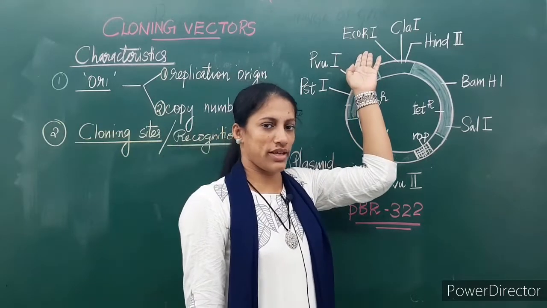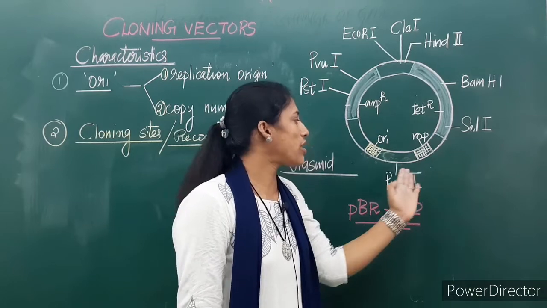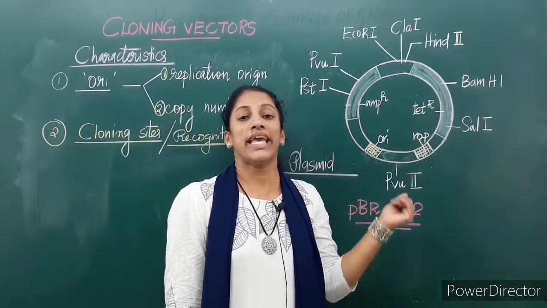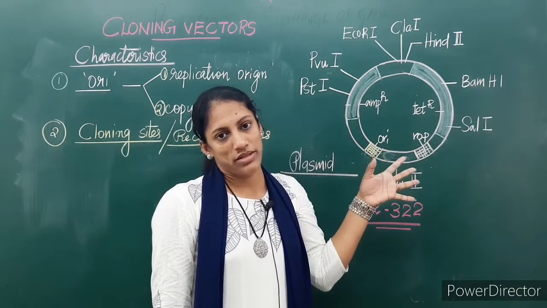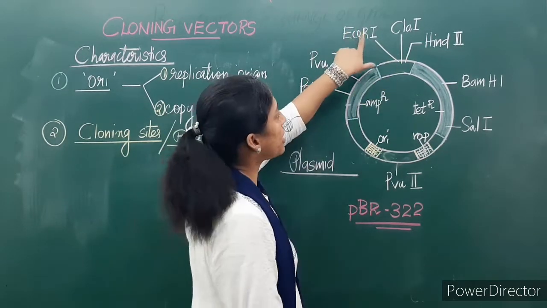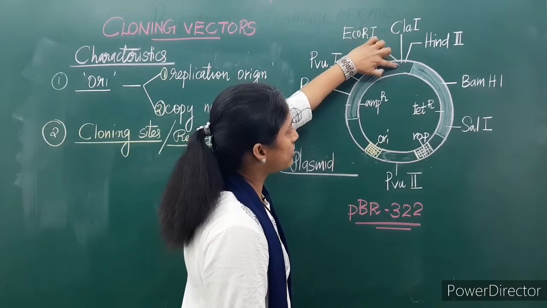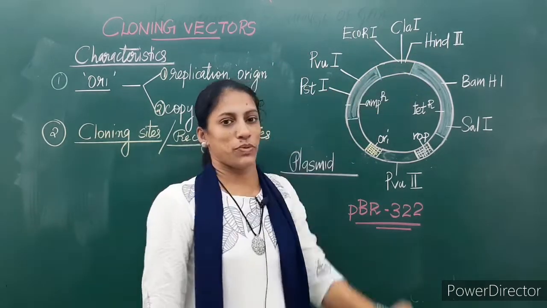EcoRI you have already studied. This is the name of a restriction enzyme. It's the name of another restriction enzyme. These all are 1, 2, 3, 4, 5, 6, 7, 8. Eight names indicate eight restriction enzymes. They are not present there. Then what does it mean? With that enzyme we can cut this portion. With EcoRI we can cut this portion. With ClaI we can cut this portion. With HindIII enzyme we can cut this portion.